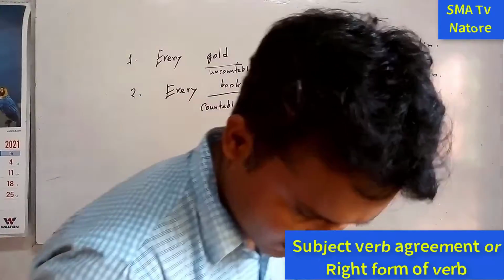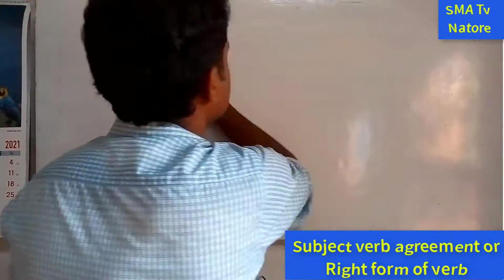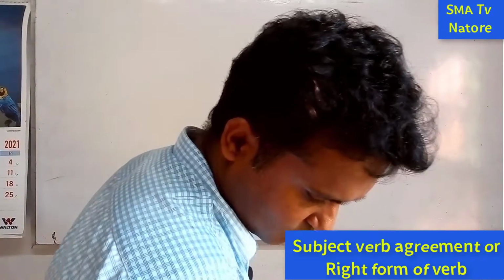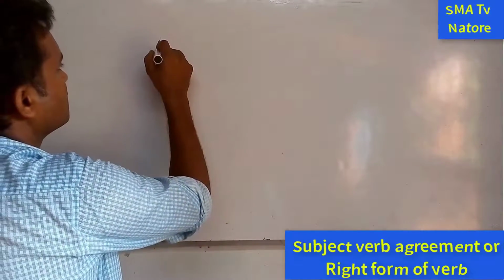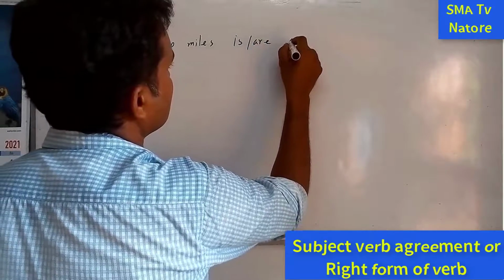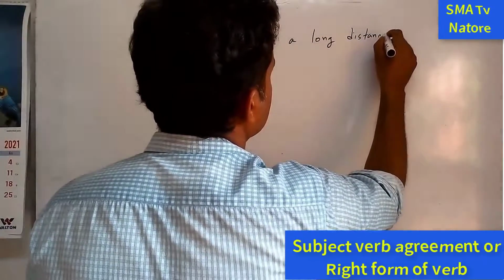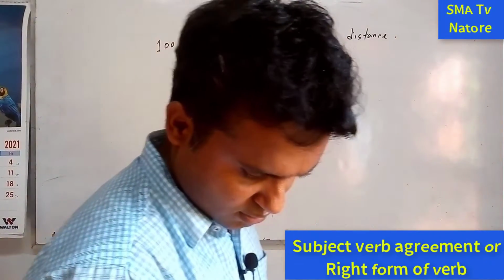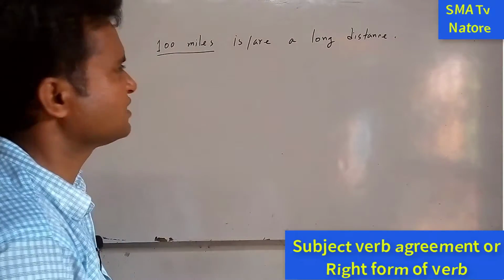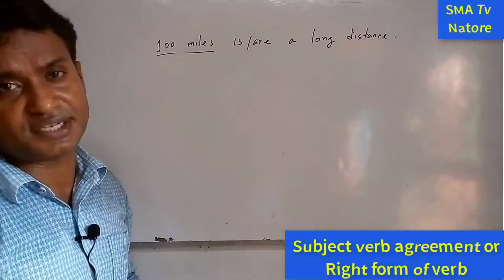Next one, distance. Another sentence: 100 miles is a long distance. Here, 100 miles, what happened? Maybe you think this will be the plural form because there are miles and also 100.